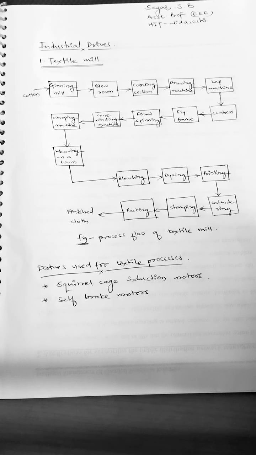So in brief we can say that in textile mills, squirrel cage induction motors with standard values and self-brake motors are used, as well as, in some parts of the process, DC motor drives.